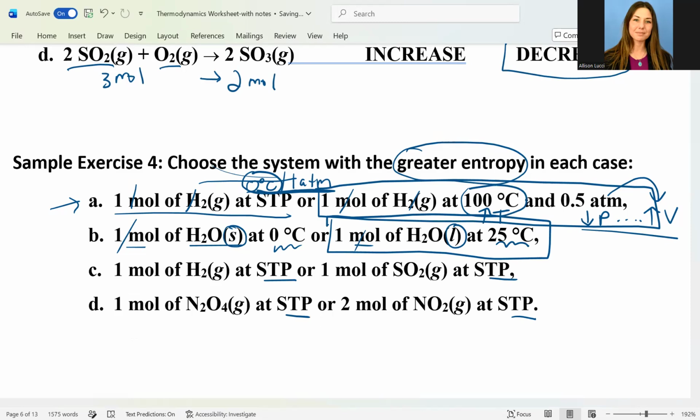Let's look at case C here. So we have 1 mole of each, but our compound is different. And then the rest of the conditions are the same. So I didn't really elaborate on structural differences and how they will affect entropy, but we can just quickly take a look. This is not the correct Lewis structure for SO2, but just so we can see there's a sulfur with 2 oxygen bonds versus just 2 hydrogen atoms bonded together.